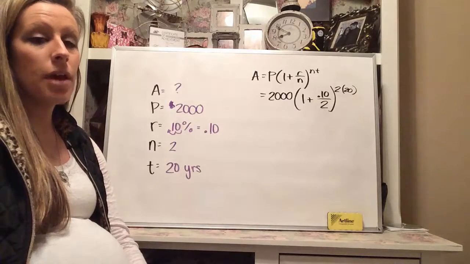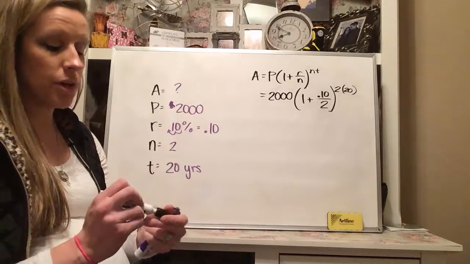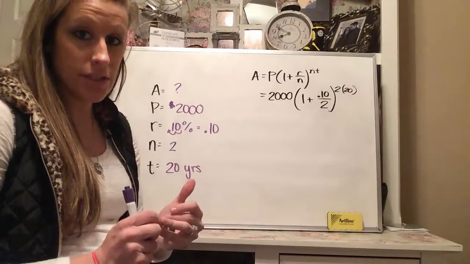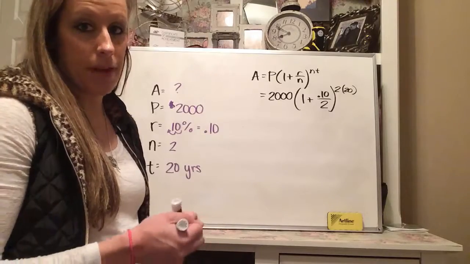Okay, and we're talking about money here, right? We invested $2,000. How much are we going to have after 20 years? So when you get your answer, you need to round to the nearest penny, since we're talking about money.